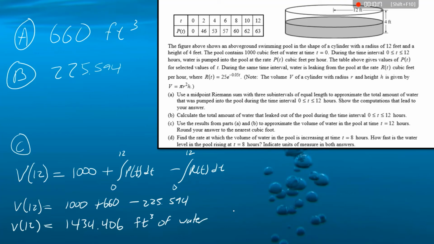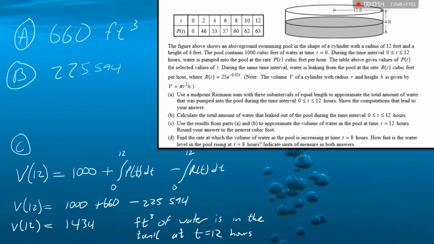The total water in the tank at t equals 12 hours. Okay. Oh, it does say round your answer to the nearest cubic foot, so I don't need this decimal. So it's 1434. Okay.